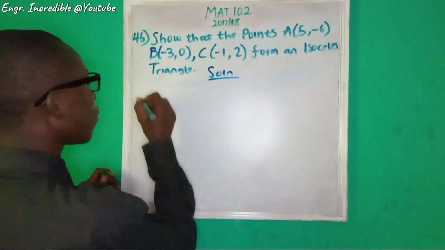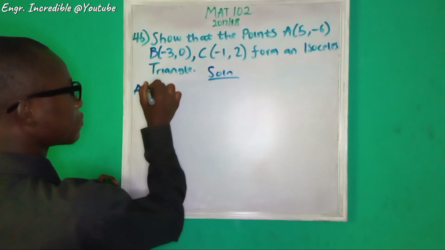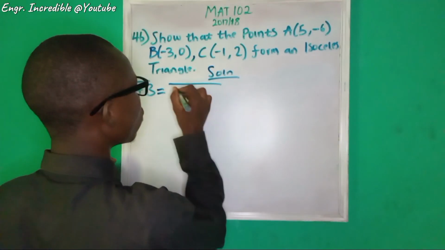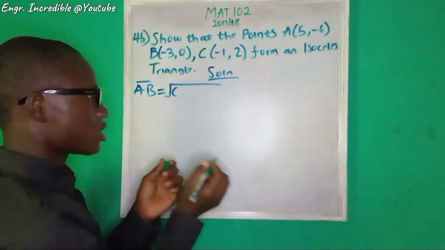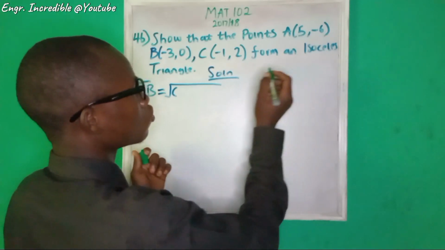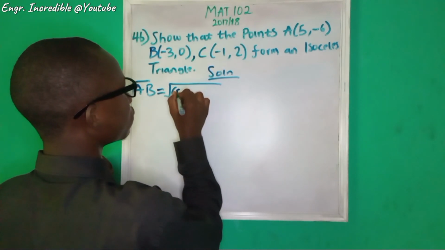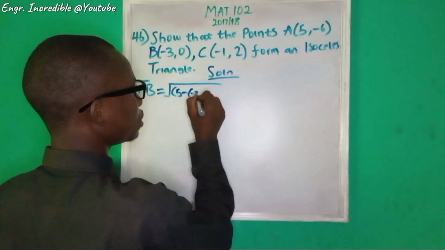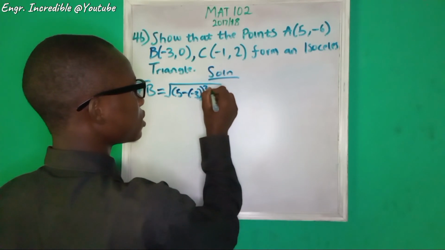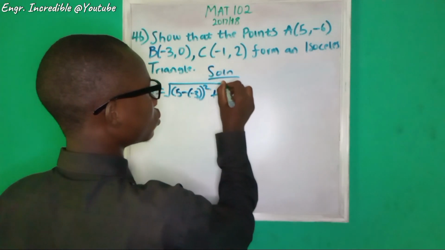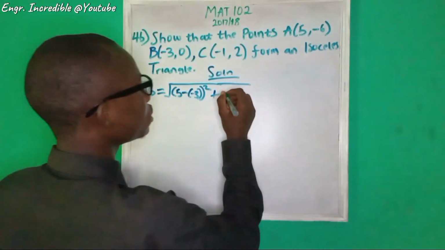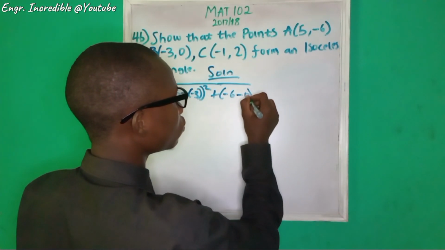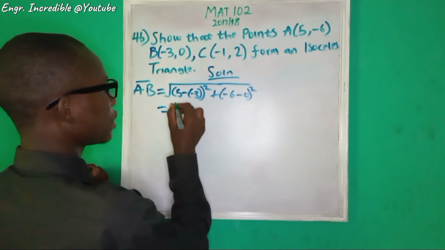So now the solution. First of all, we are looking for our line AB. So our line AB is equal to the square root of (x2 minus x1) squared plus (y2 minus y1) squared.